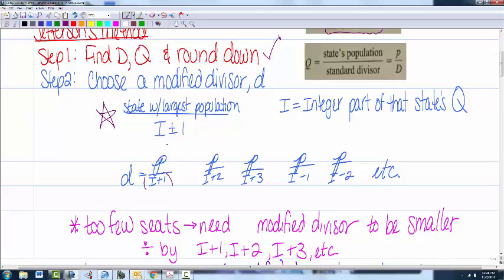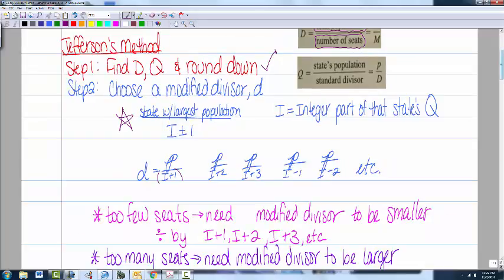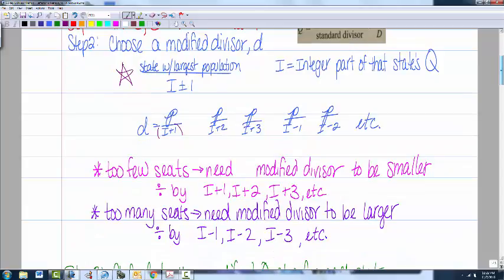Larger. So therefore, we didn't have enough representatives before. Well, now we might end up getting more representatives, which might hit the number that we're going to actually give out. And the problem is this may not hit it right on the head. So you may have to do this again and again and again until you hit it on the head.